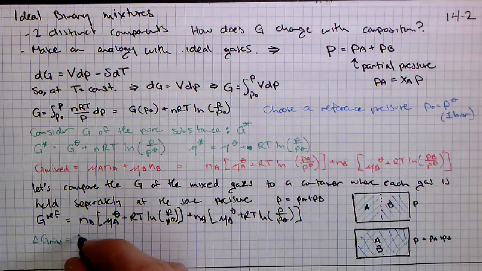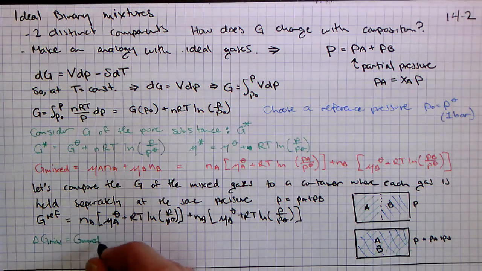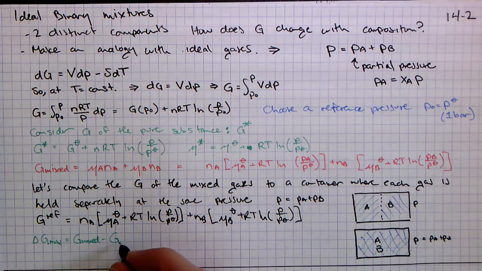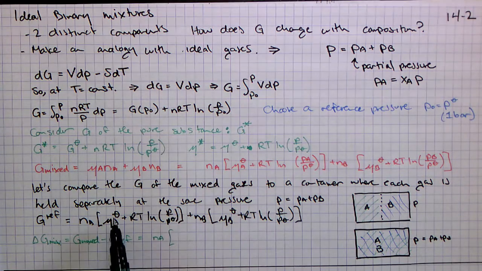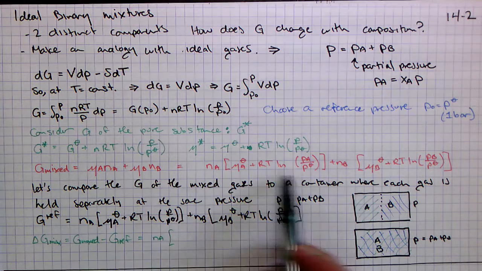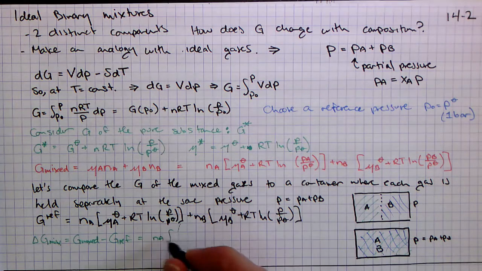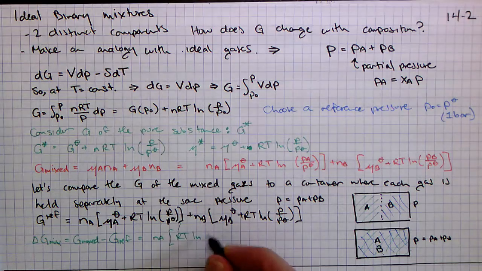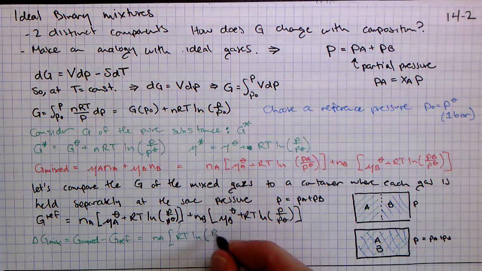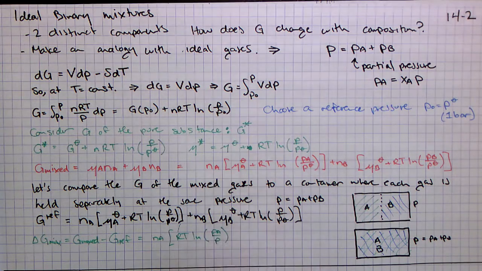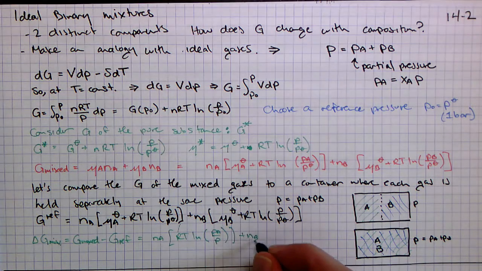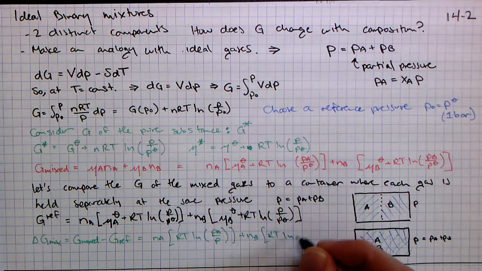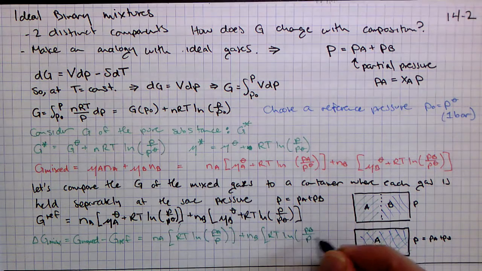That's equal to G of the mixed phase minus G of the reference, right? So that's just equal to Na, and now we can subtract this from the mixed, so that's just going to give us RT natural log PA over P, and then we're going to get plus Nb RT natural log of PB over P.